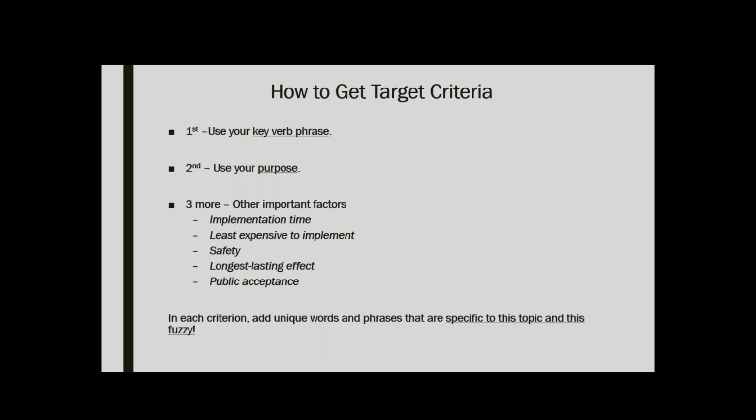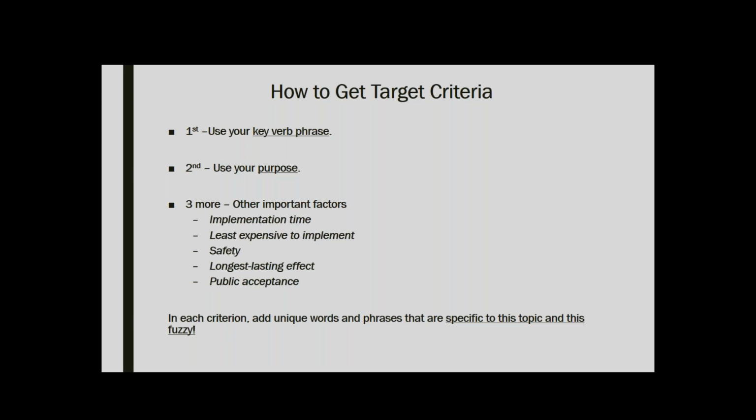Safety, which is the safest. The longest lasting effect, because we don't want to come back and have to deal with this problem anytime soon. And public acceptance. If people aren't going to be willing to comply, there's a problem. So we want to see how well it will be accepted as another possible factor.